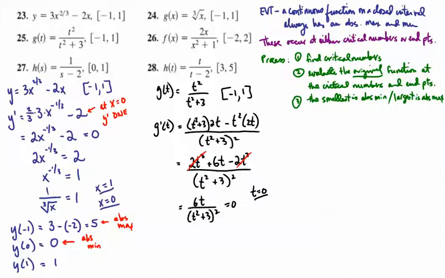When we add 3, we'll always have a positive number in the denominator. So there are no values of t that make the denominator 0, and so we have only one critical number, t equals 0. We're going to test the original function at the endpoints and critical numbers.